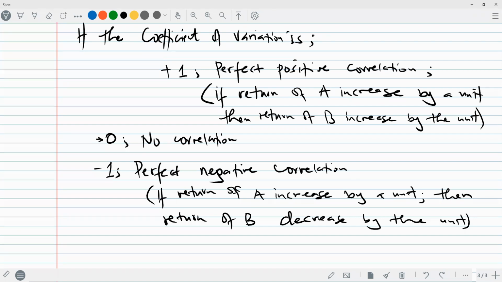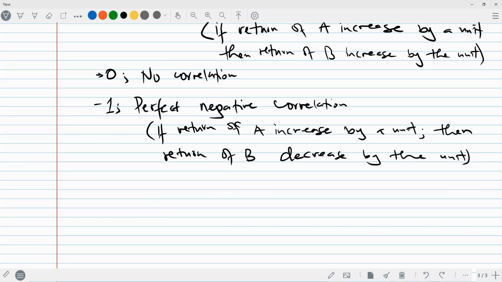Clear. Okay, now I want you to interpret. If we have the correlation between A and B equal to negative 0.5, what does it mean? This is just an example to see whether you understood.